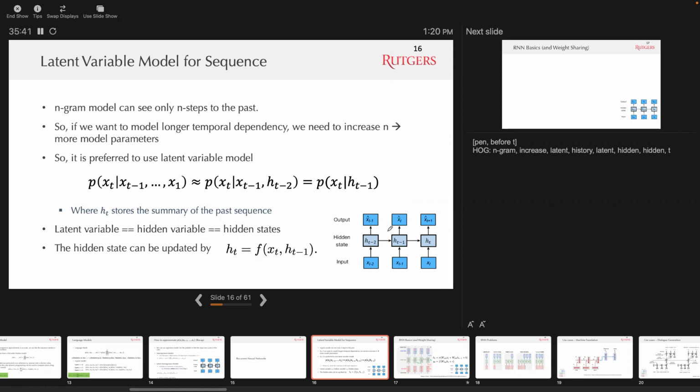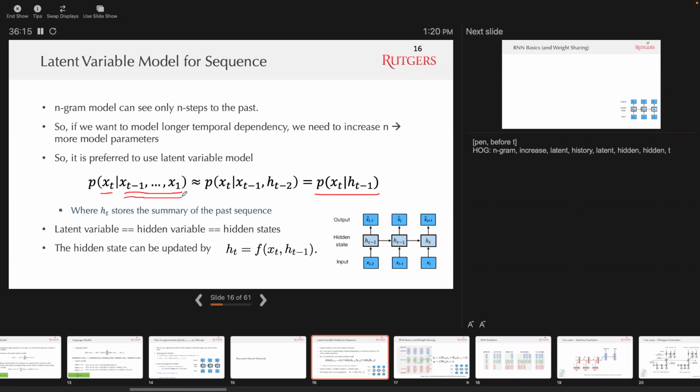So it's actually preferable to use the latent variable model, like we said here. In the latent variable model, we try to model the value of xt given all the past history. We try to approximate this by summarizing all the values, including xt minus 1.